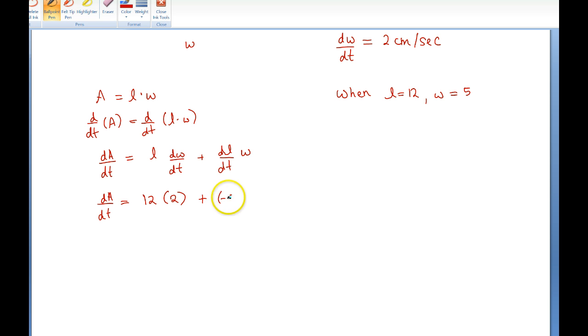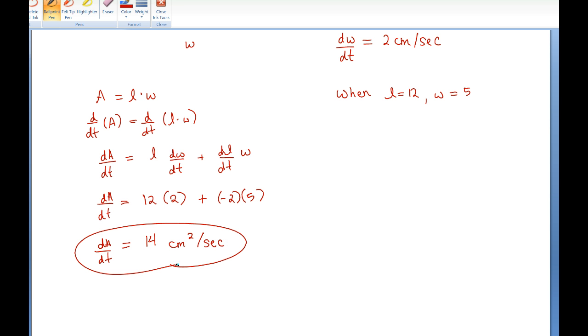So dA/dt is 14. And that's going to be what units? Centimeters squared per second. Okay so far?